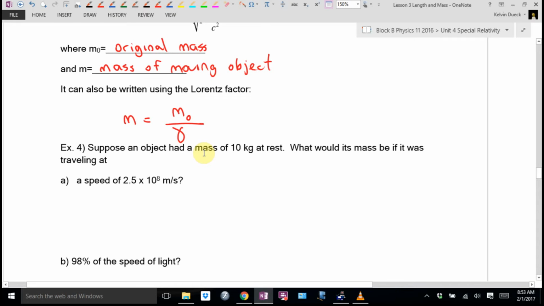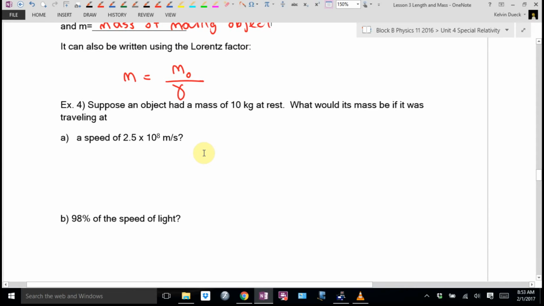Suppose an object had a mass of 10 kilograms at rest. So that means m0 is 10. And suppose it speeds up.